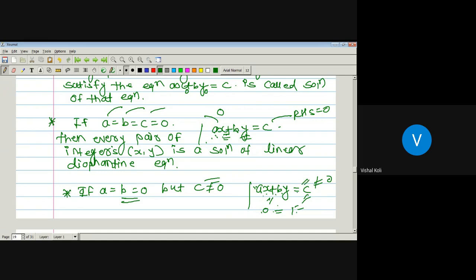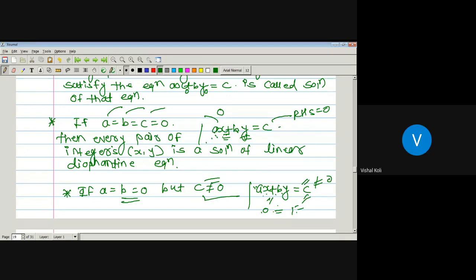What about the RHS? RHS is always not equal to 0 since here we have taken c as a non-zero integer. So whether it is possible that the integer 0 is equal to some non-zero integer. Since c is an integer, no solution.